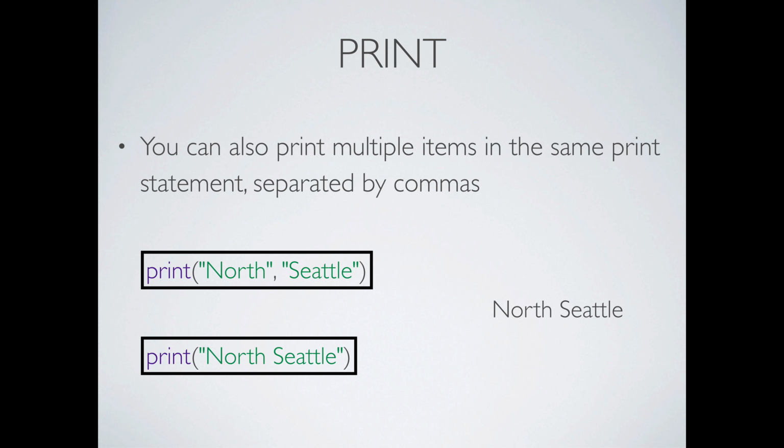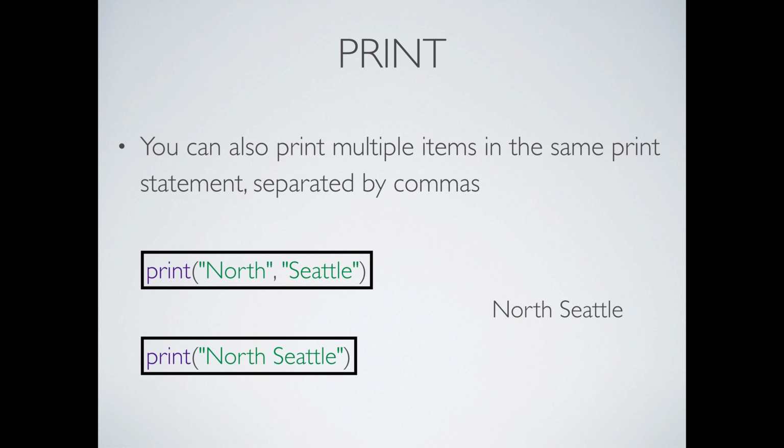In this case, there's only one string that we're displaying with this print statement. The whole string is North space Seattle. So since we're not using that comma, we do have to explicitly type in the space character ourselves so that the space is shown when we run it on the screen. But these two lines of code essentially do the same thing in terms of output.